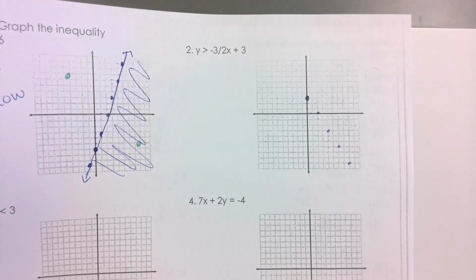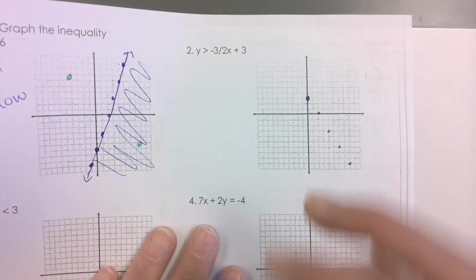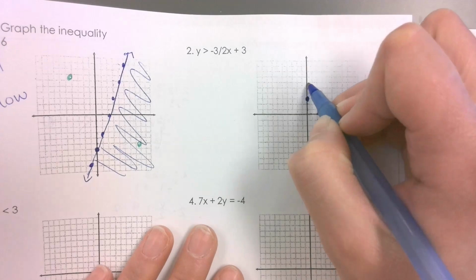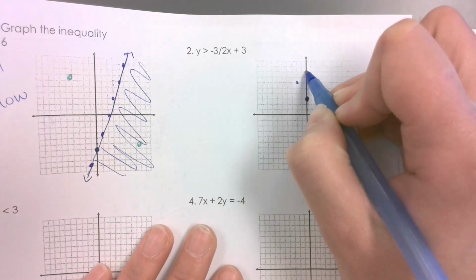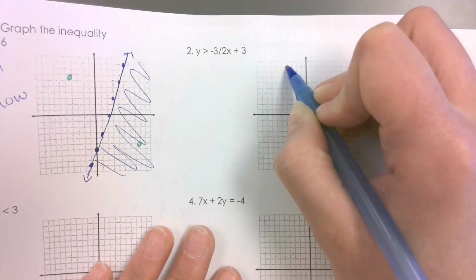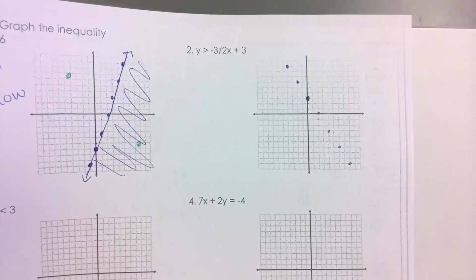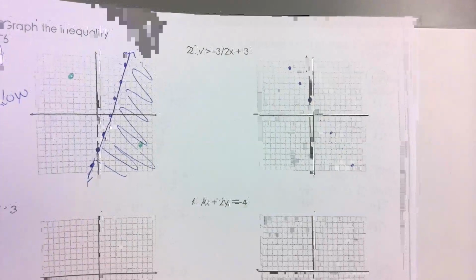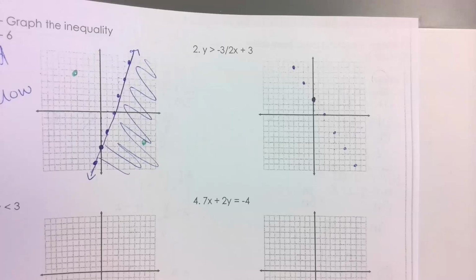How would we go the opposite direction here? Up 3, left 2. One, two. Grayson, are we going to connect those dots with a solid line or a dotted line?